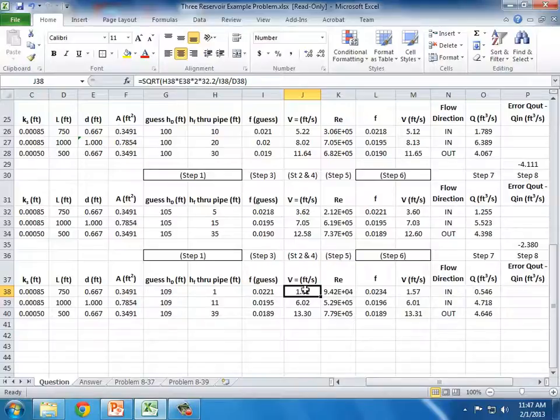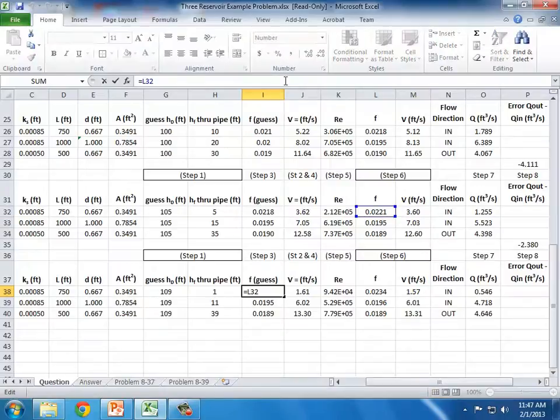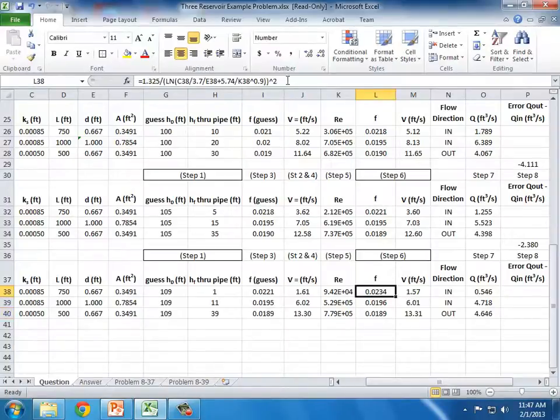There's really nothing we need to do. The F value is referencing the most recent value of F from the previous iteration, which is fine.